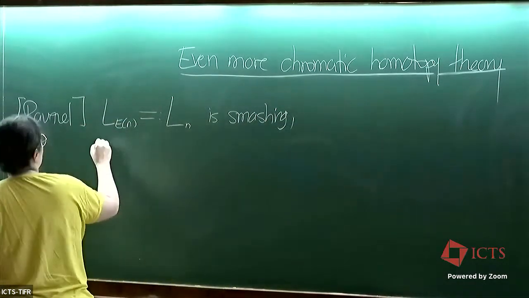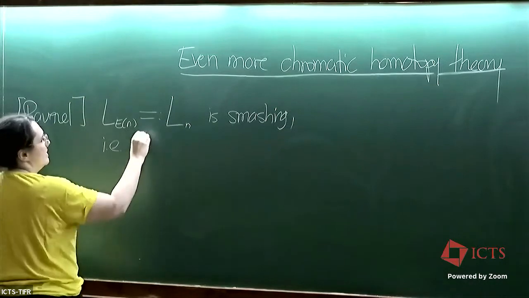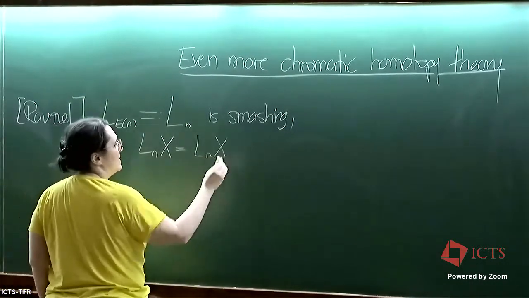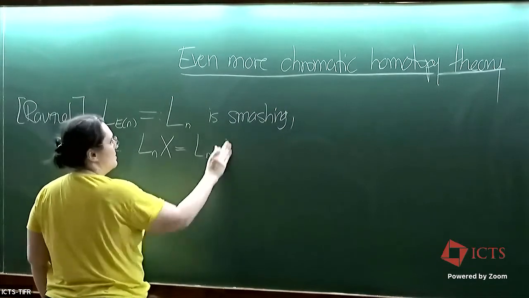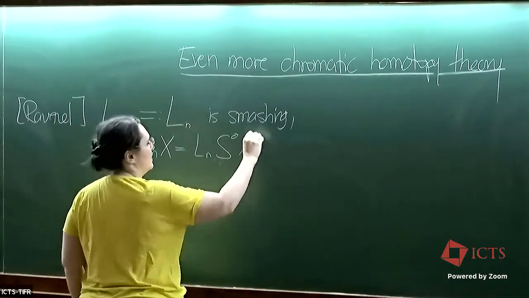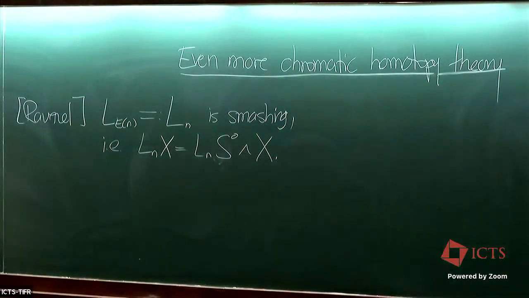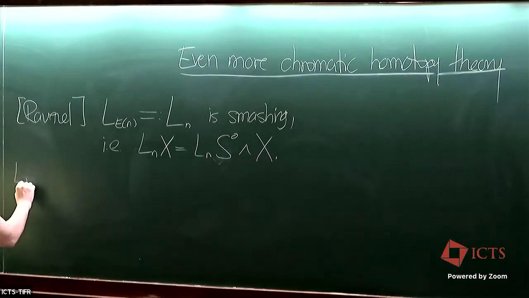Which means, to just remind ourselves, that Ln of X, you localize by smashing with a local sphere, just like p-localization. However, LKn is not.